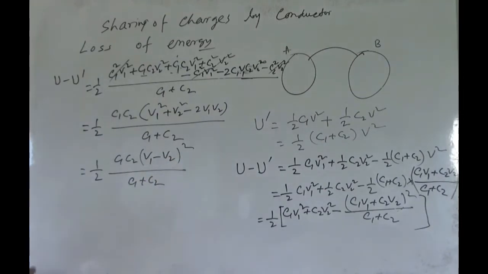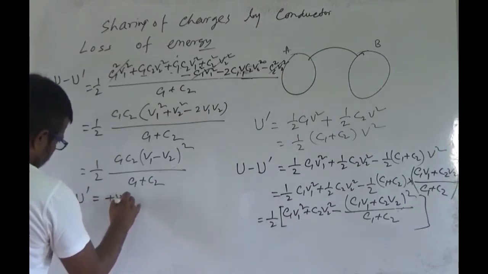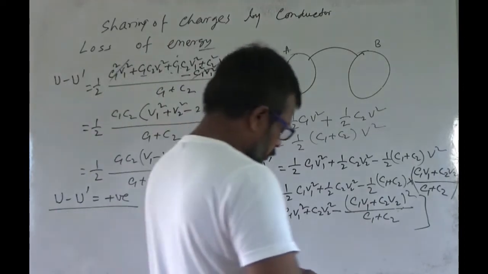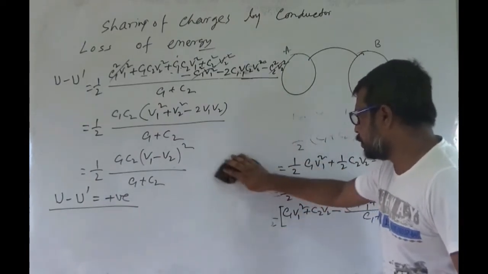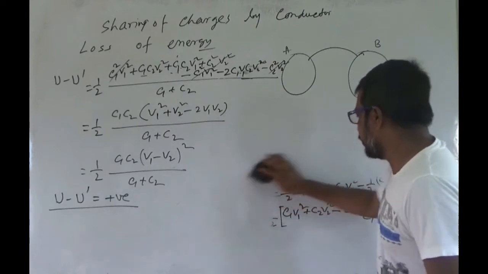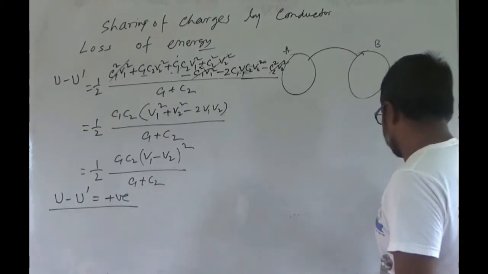That means this U minus U dash is always a positive quantity, whether V1 is greater than V2 or V2 is greater than V1, which means U is always greater than U dash.